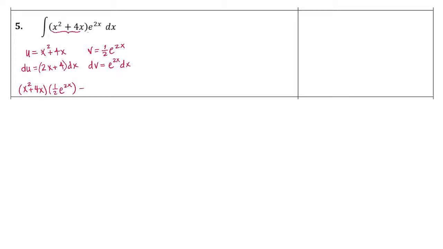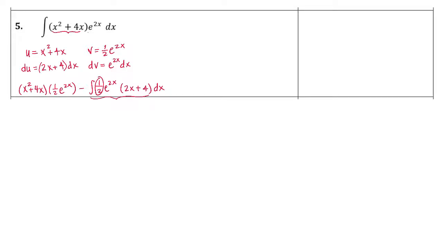So uv minus the integral of v, 1/2 e to the 2x, du, which is going to be 2x plus 4 dx. So this is a good indication over here that we're going to have to do this integration by parts again.